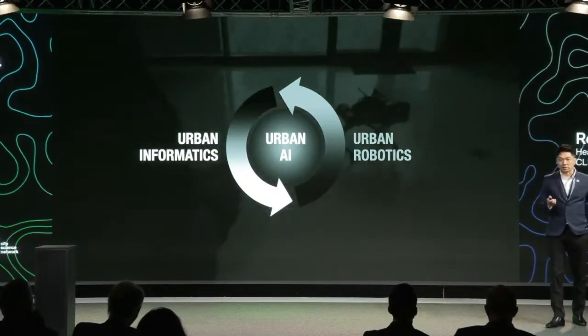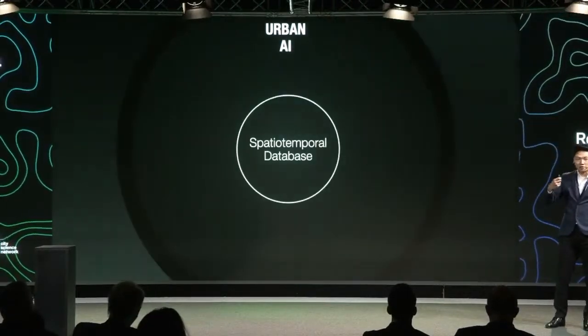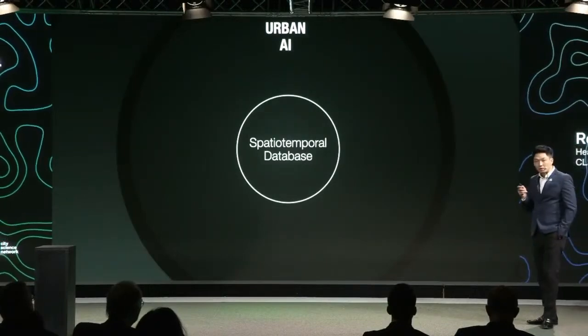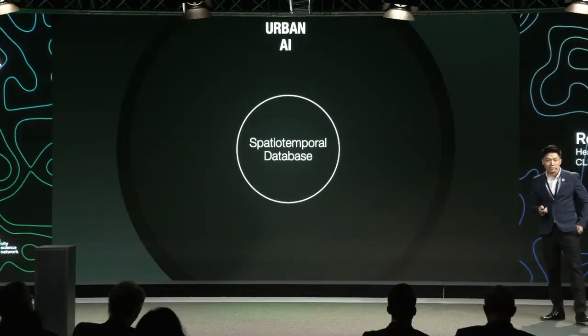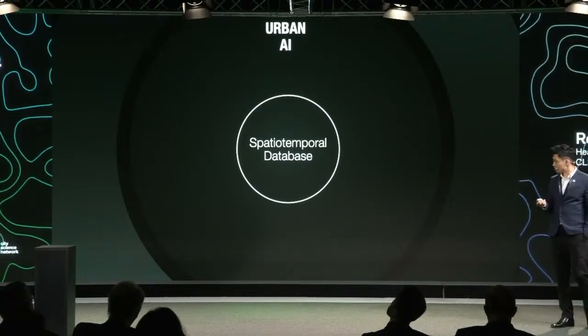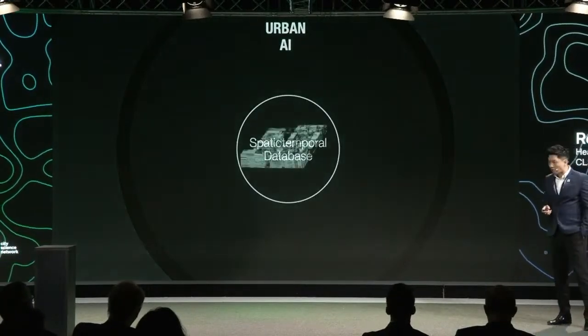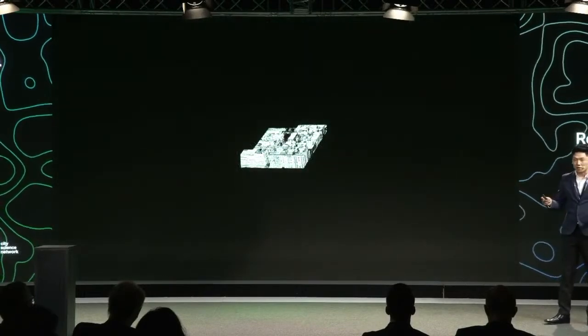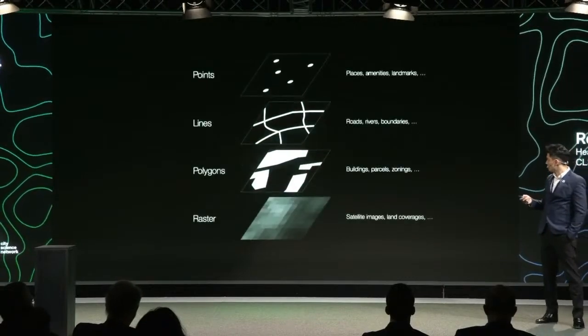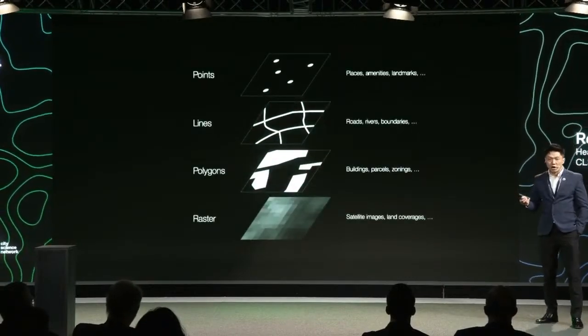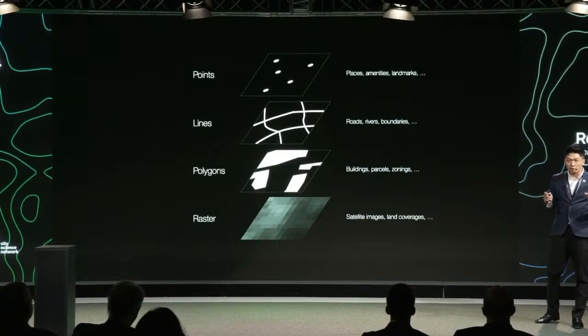But AI doesn't necessarily come equipped with a deep understanding of the city, so we have to build the knowledge base for the machine. We call it a spatial temporal database. Imagine a city, and typically how we digitalize a city is maybe through GIS software or satellite images, but there are so many different formats of data.